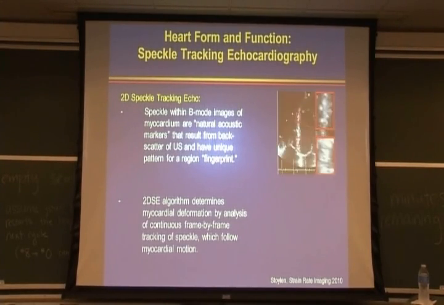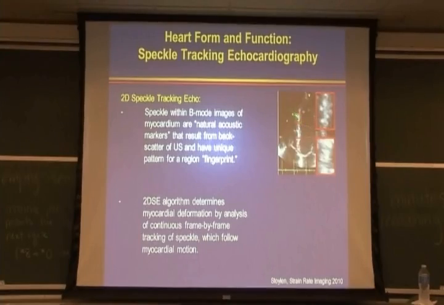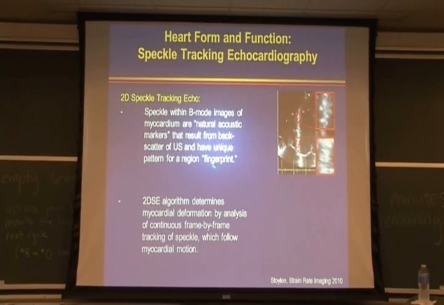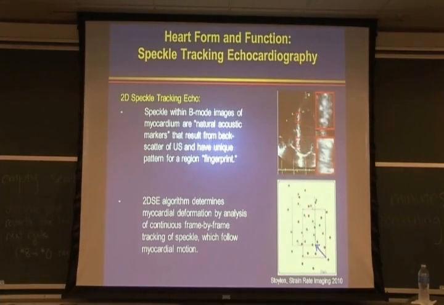So what we do is we see the speckle in one area, and a speckle in any area provides a natural acoustic marker, actually a fingerprint of that area. When the heart wall moves, in the next movement we can trace it, and we can trace the entire speckle from one frame to another, just like this, and then measure how much movement and change in shape has taken place, the so-called deformation.